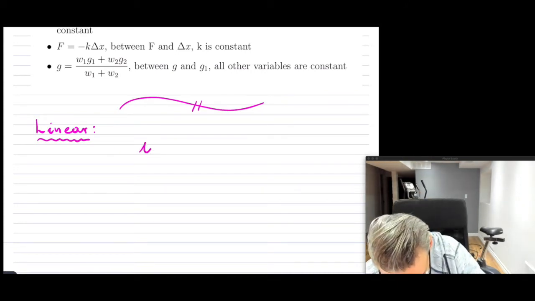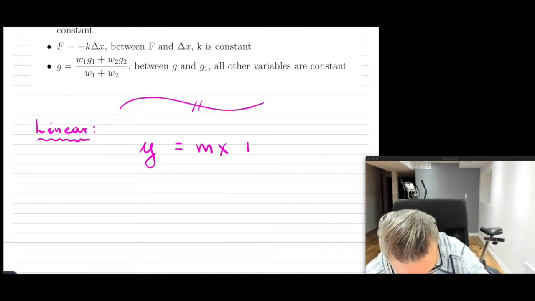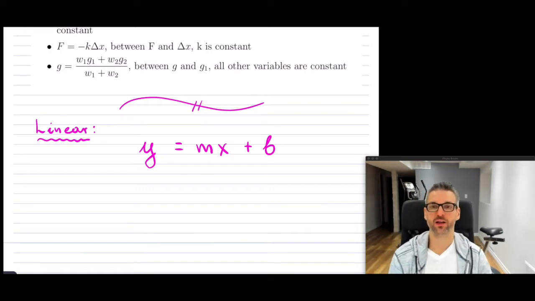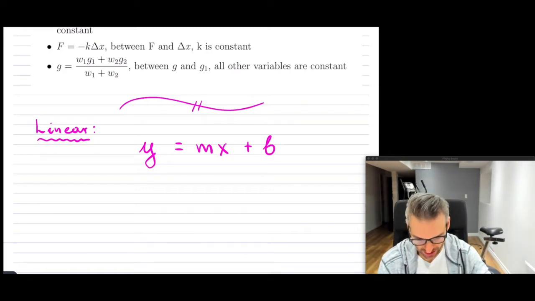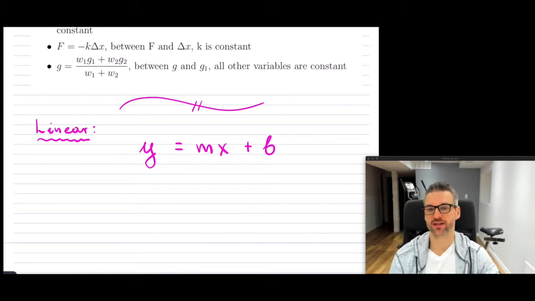If it is linear, it can be placed in basically this particular format. For anyone who has ever studied lines in two dimensions, you notice that this is the relationship between y and x. The m actually stands for slope, and b stands for y-intercept.